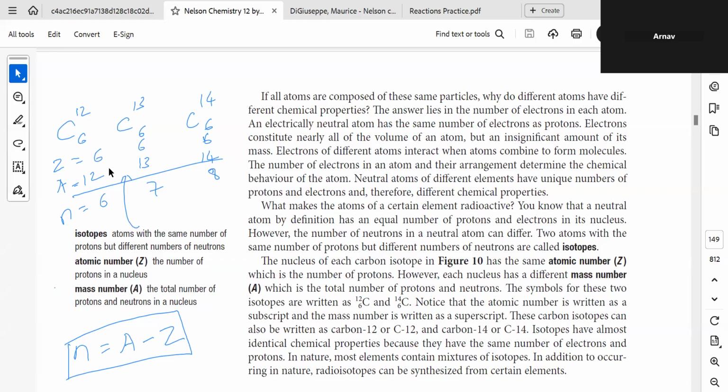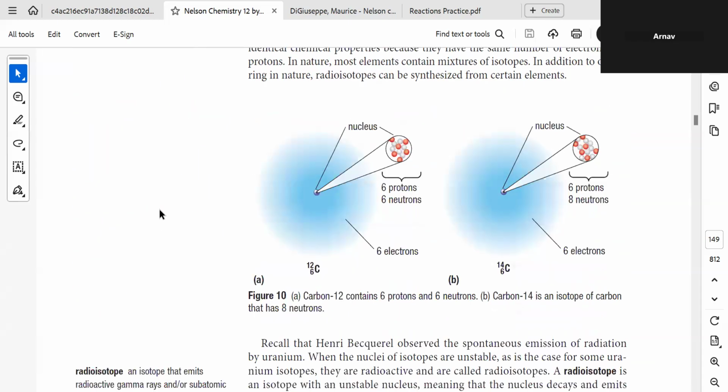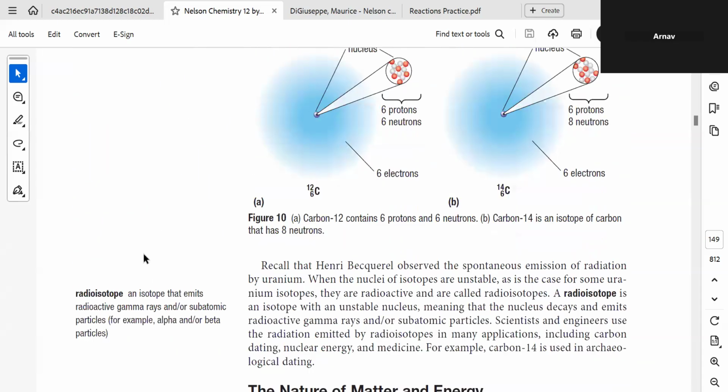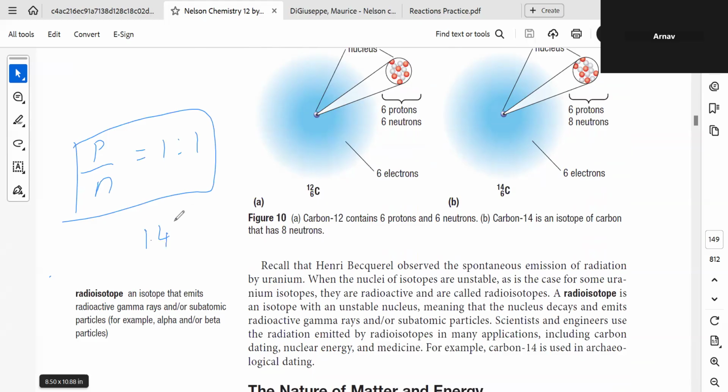Okay. So I told you about radioisotopes: an isotope that emits radioactive gamma rays or subatomic particles. One more thing that you should know is if the ratio of the proton to neutron is 1 to 1, generally they are not radioactive. But if the ratio is greater than 1.4, it starts becoming radioactive.